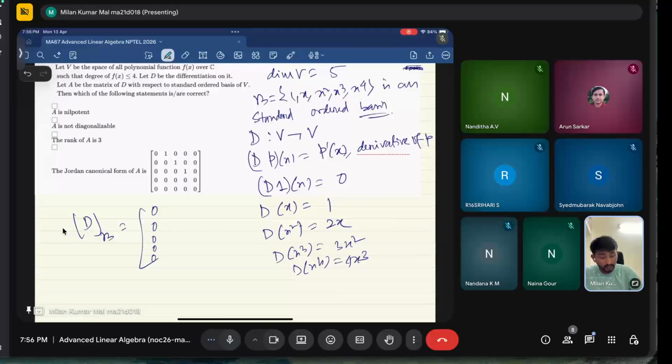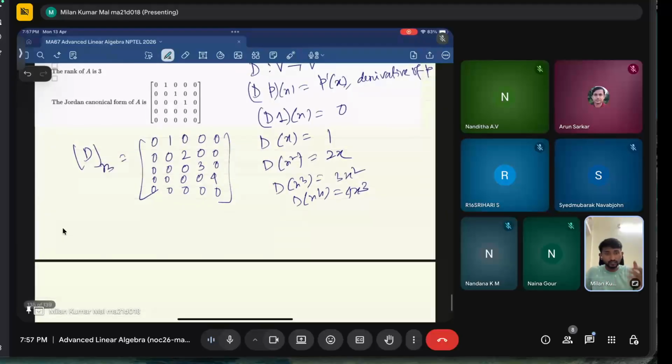This is the matrix. It is the same matrix I discussed in the previous problem, only in place of 1, 1, 1, 1 here we have 1, 2, 3, 4.